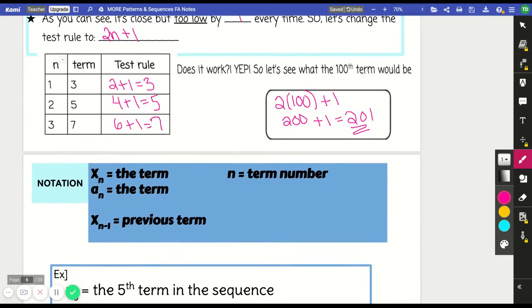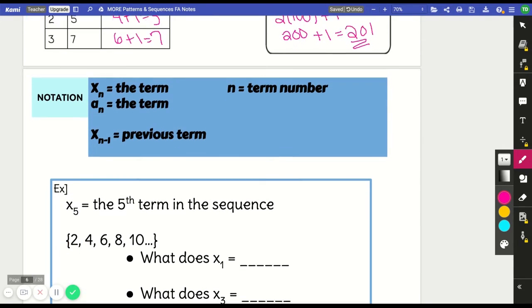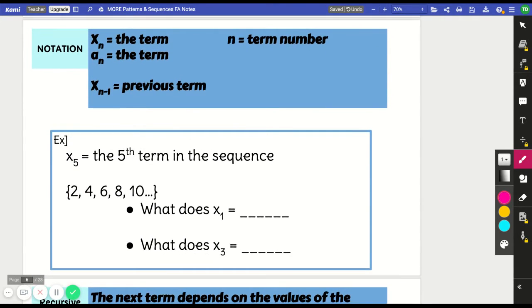So that's what the formula is good for. Okay, here's a bit of notation. If you see a letter or a variable with a subscript, that means it's the term. We're talking about whatever the term number would be, okay?